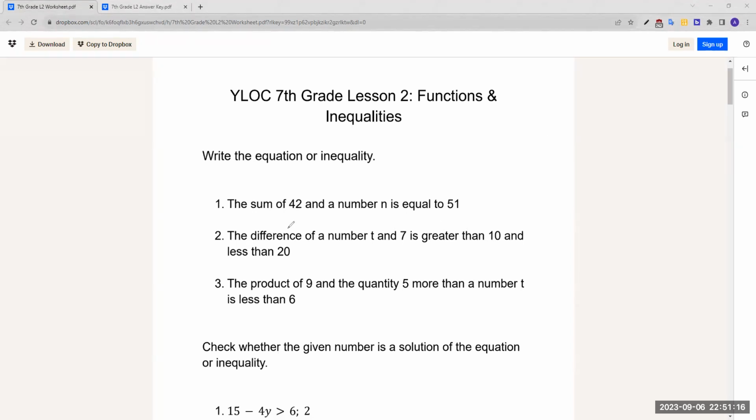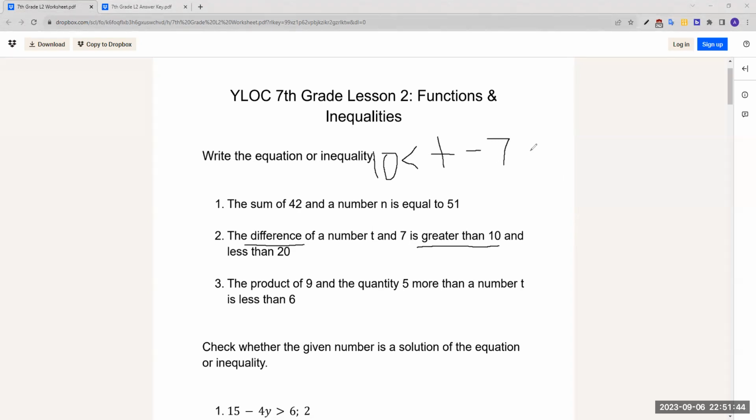Number 2, the difference of a number t and 7 is greater than 10 and less than 20. The word difference means that we're going to be subtracting something, and it says of a number t and 7, so we're going to do t minus 7. It says is greater than 10, so we use this symbol and put 10 here, because whichever side this sign is facing is going to be greater.